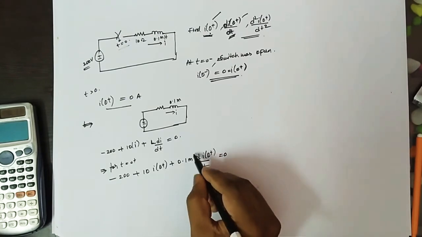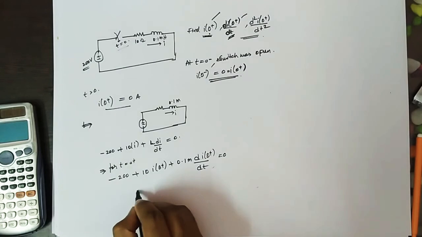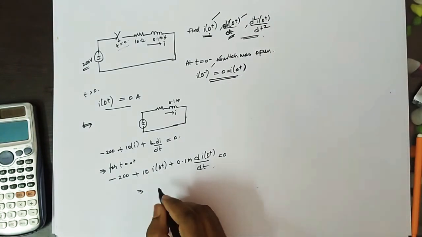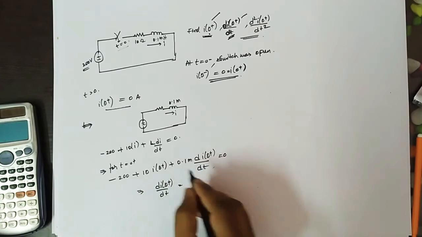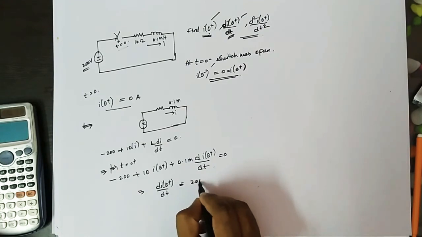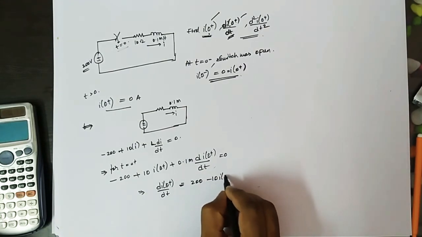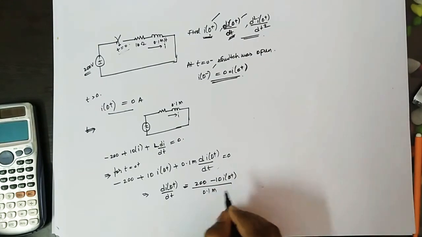We need di of 0 plus by dt, so transfer the rest to that side. Directly we can write di of 0 plus by dt equal to 200 minus 10 I of 0 plus, divided by 0.1 millihenry.